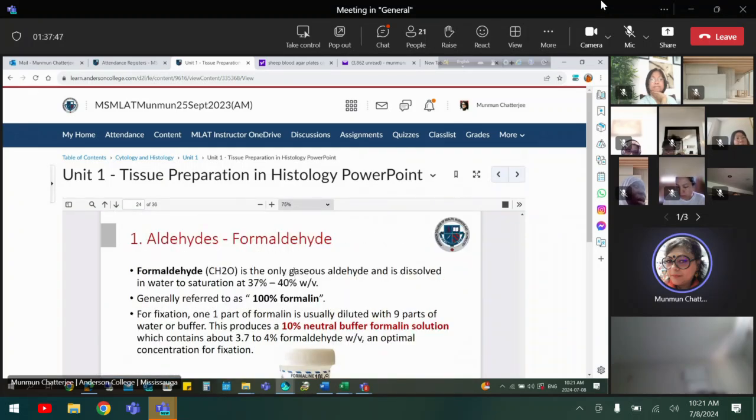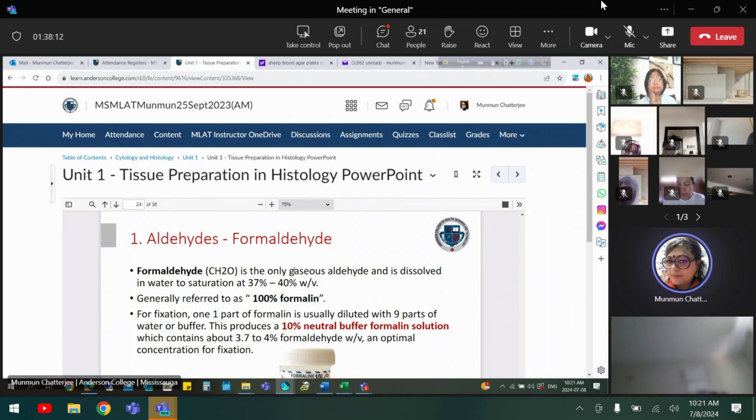So the aldehyde is formaldehyde. This is the only gaseous aldehyde, dissolved in water to saturation. There is a difference between formaldehyde and formalin. You cannot use formaldehyde itself, because formaldehyde is a gas, and you cannot use gas to fix a tissue.